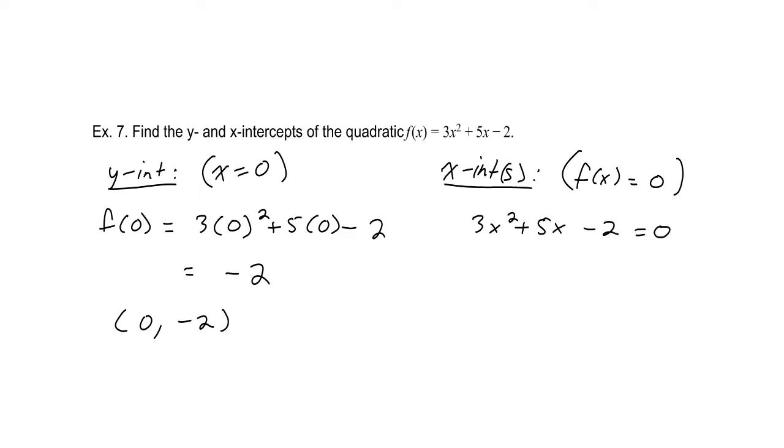And this is going way back to chapter 2. This is actually going to factor. Let's see, we need numbers that multiply to negative 6 that add to be 5. So 1 and 6, to be positive 6, negative 1.